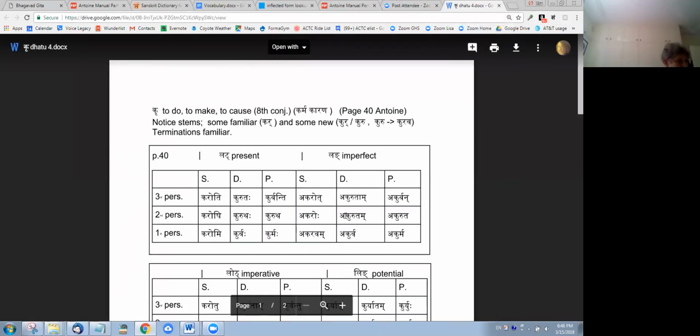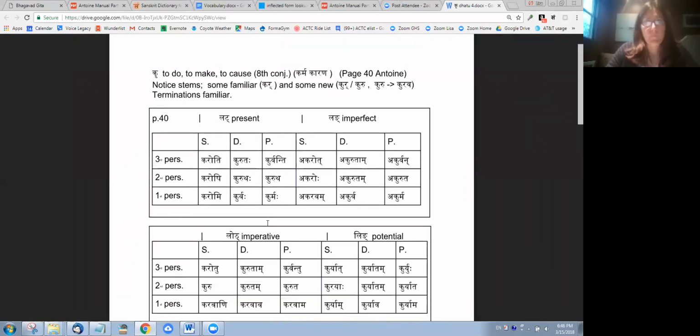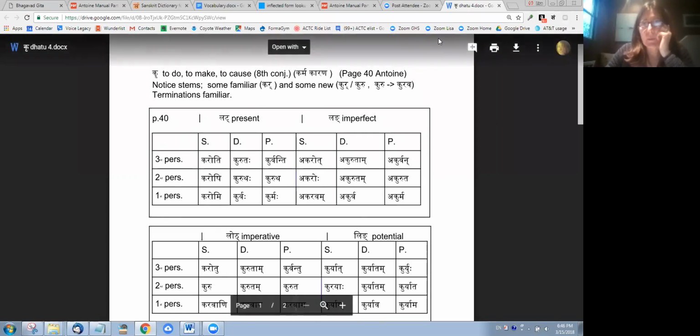That's a hard one. This was an 8th conjugation, so we weren't given it to unfold. We just basically have to memorize this. But if we get these rolling off our tongue sometimes, we can start getting them better memorized.